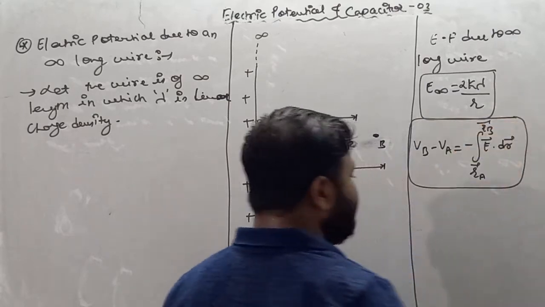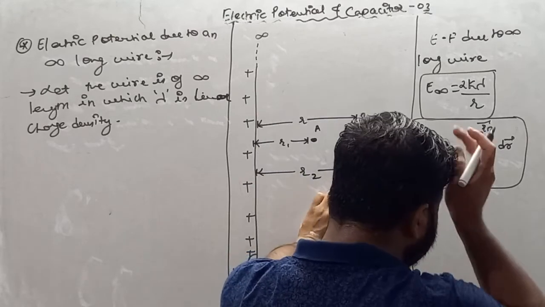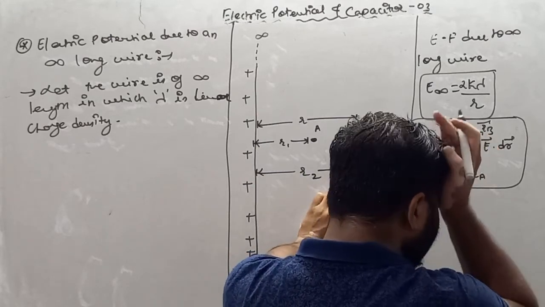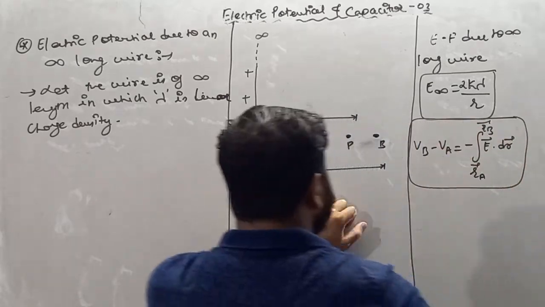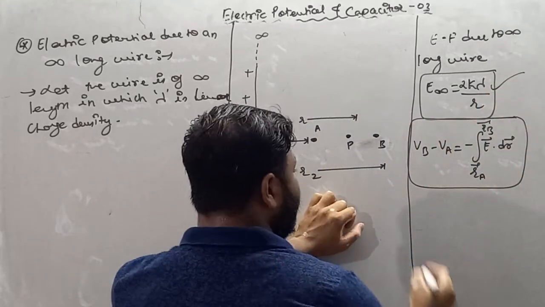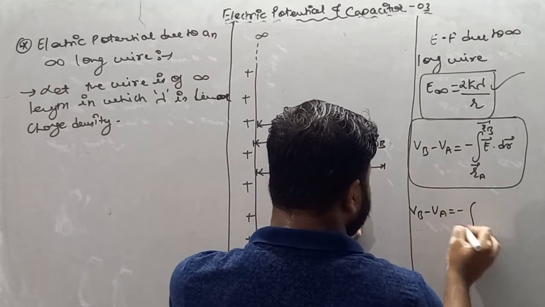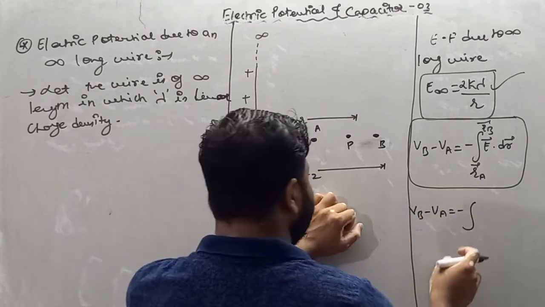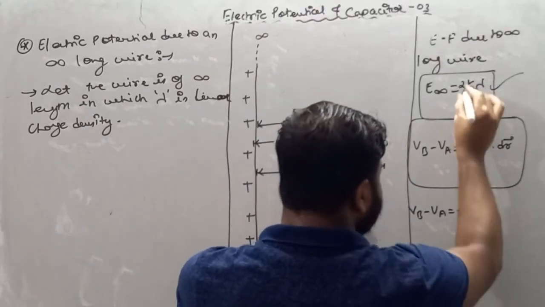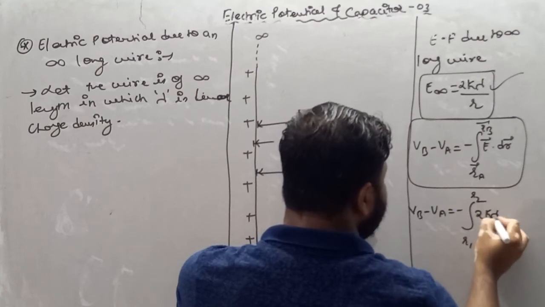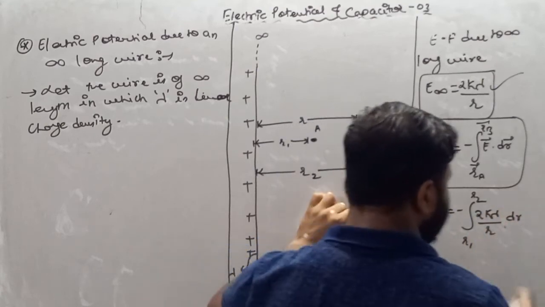Now see, my dear student, we have to put in the formula of electric field due to an infinite long wire. So VB minus VA is equal to minus integral, and the limits must be R1 to R2. The electric field is 2K lambda by R, dot dr.